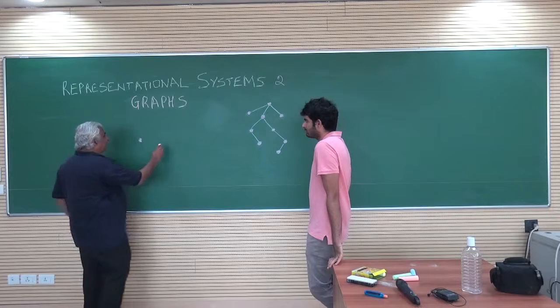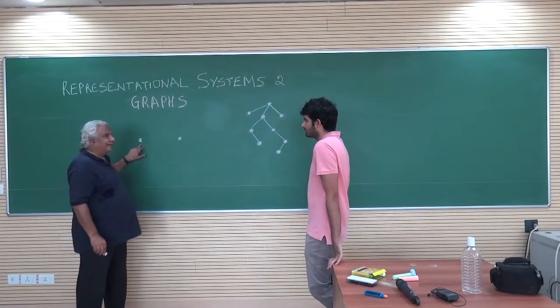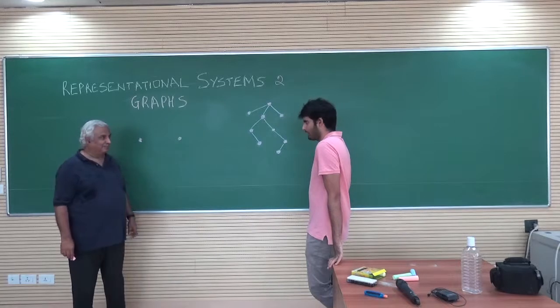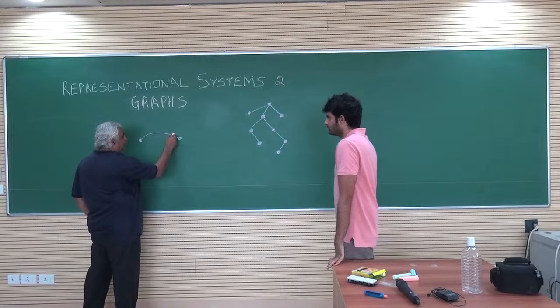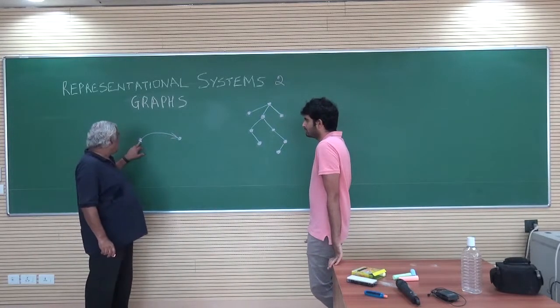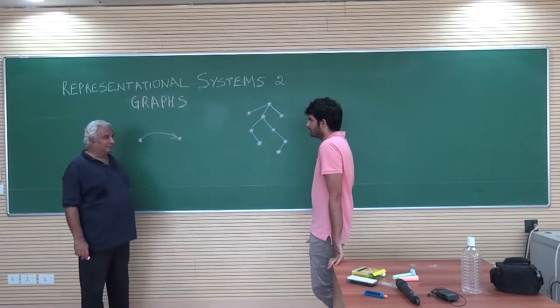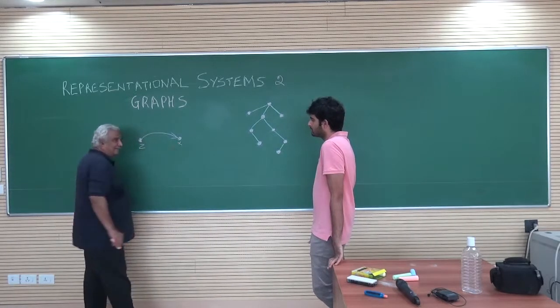So I have these two human beings. Let's say this is Zam and this is Zina. Suppose I do this, and I want to say that this arrow means that Zam is taller than Zina.